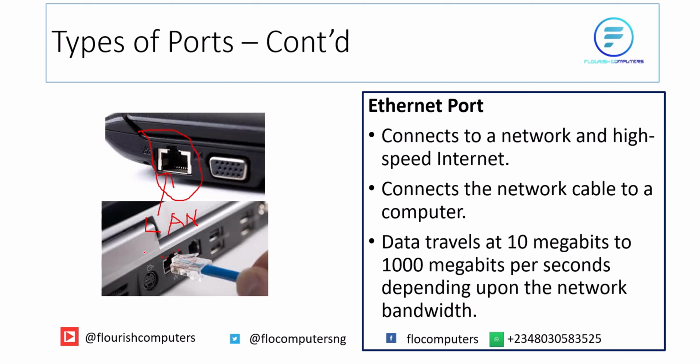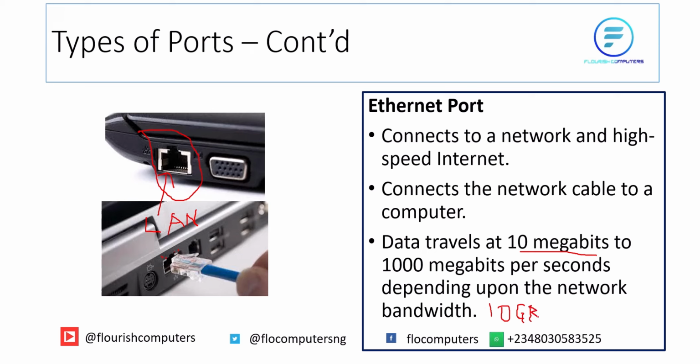It's called an Ethernet port, and the cable is called a network cable. Like I said earlier, data travels at 10 MB to 1000 MB per second. This is 1 gig, depending upon the network bandwidth. As a matter of fact, data can travel up to 10 GB through the network port.